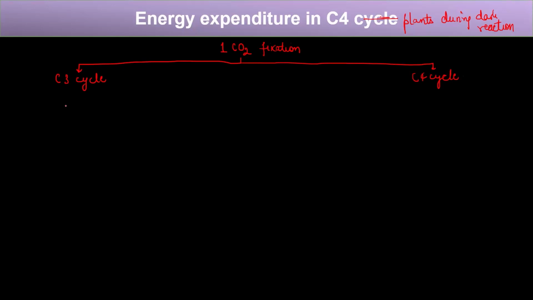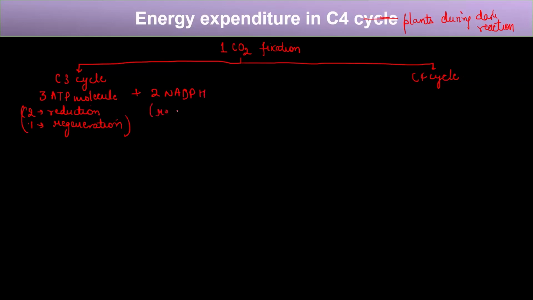For one carbon dioxide fixation, we require 3 ATP molecules, 2 during reduction and one during regeneration, and 2 NADPH, which is required during the reduction process of the C3 cycle. Okay. So this is for one carbon dioxide fixation.